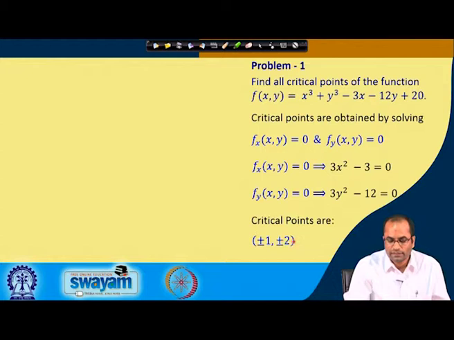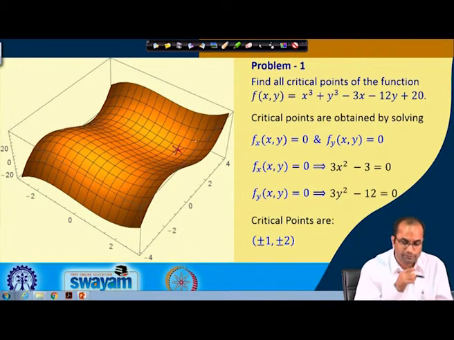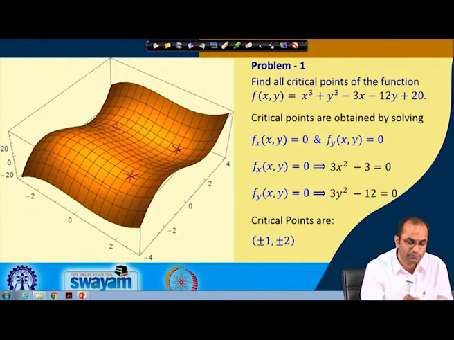Now, we can take 1 and 2, then minus 1 and 2, or plus 1 and minus 2, so all these 4 possibilities are there. And if we look at the surface of this function, there is a critical point at x equal to 1 and y equal to 2, again one at plus 1 and minus 2, one at minus 1 and plus 2, and one at minus 1 and minus 2.